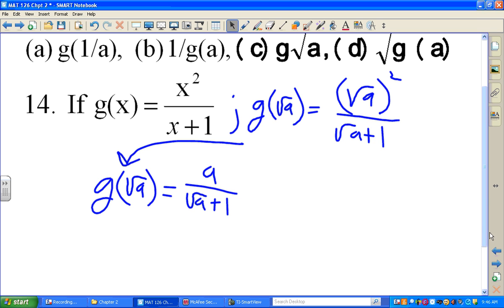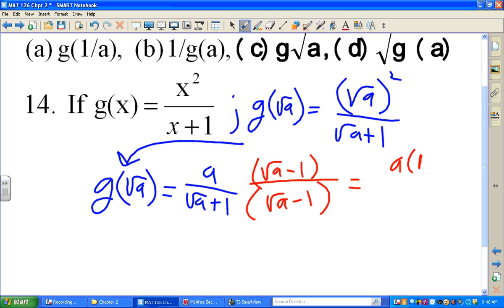And you multiply by the conjugate, square root of a minus 1 over square root of a minus 1. Do I want to multiply out the numerator? No, probably not. I'm not worried about the numerator. What am I worried about? The denominator. Can't worry about everything. Can't worry about everyone.